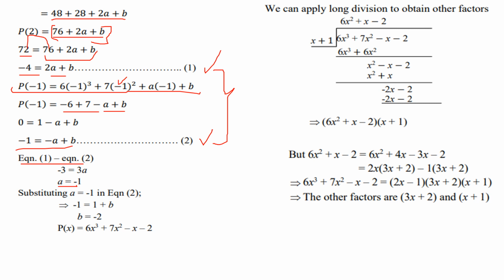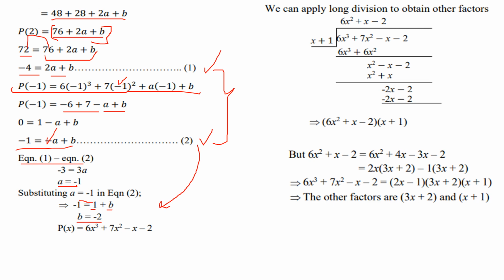We use equation 2 and substitute for a. Substituting for a, the negative here will multiply the negative 1, and you get positive 1 plus b, and you make b the subject. You take this positive 1 to the other side, and it becomes negative. So it will be negative 1 less 1, and then you get negative 2.